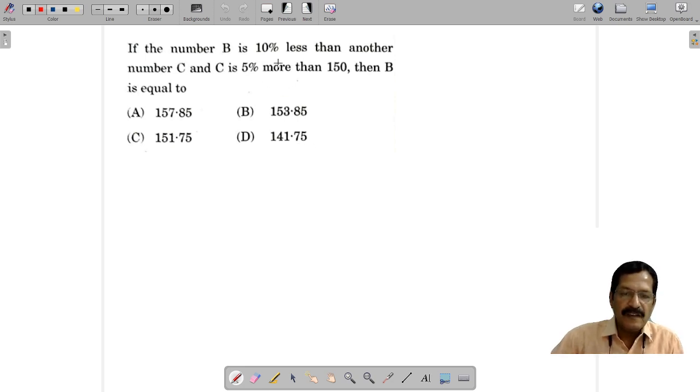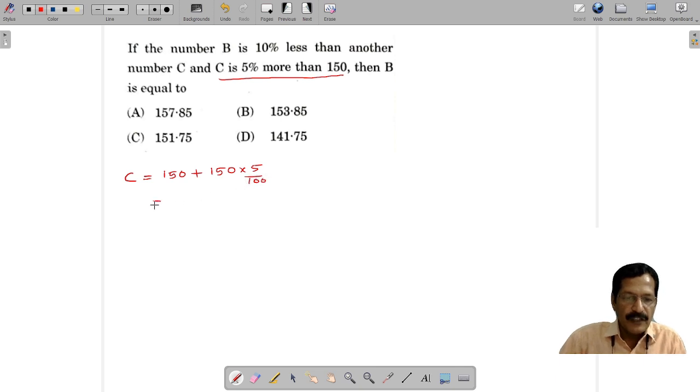See, B is 10% less than another number C, but what is C? C is 5% more than 150. So C is equal to 150 plus 5% of 150, that is 5 by 100 of 150, and that is equal to 150 plus 7.5.